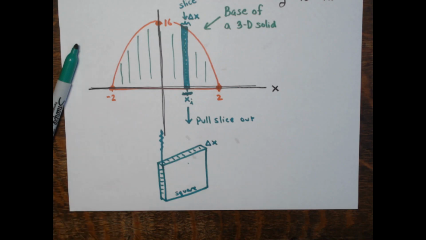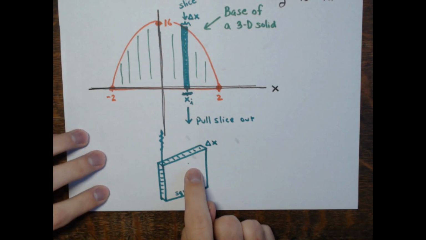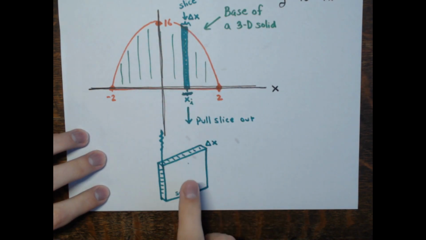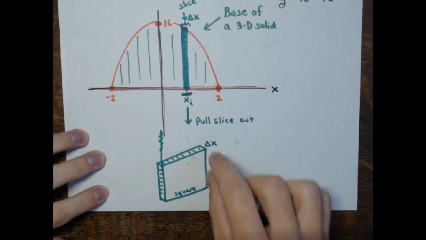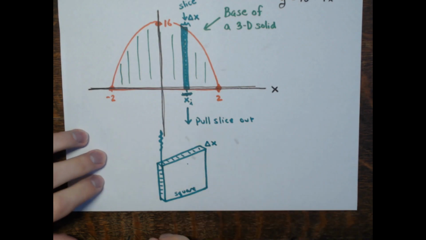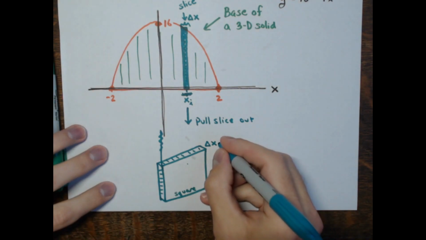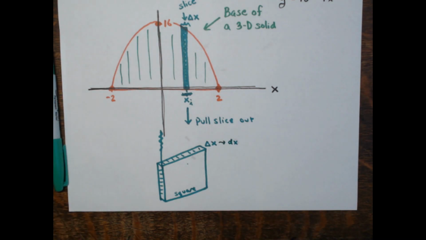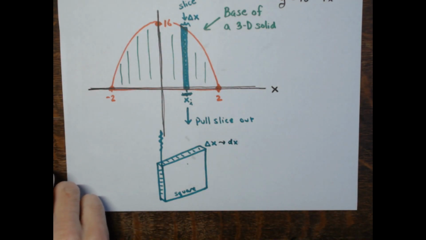All right, so what I want to do now is find the volume of just one slice, right? So at this x value here, I cut out that slice with this thickness, a little tiny delta x. Again, we're going to change that to dx soon. So I'll just call it dx from now on, or dy if we have delta y.